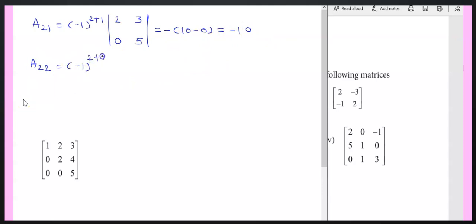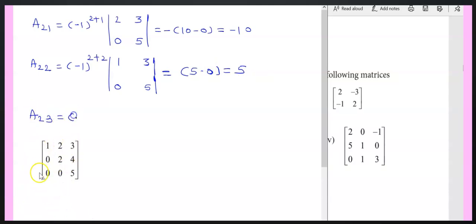A22, minus 1 raised to 2 plus 2, 1 3 0 5. Therefore you will get 5. A22 is 5. Next is A23. Now this is deleted.